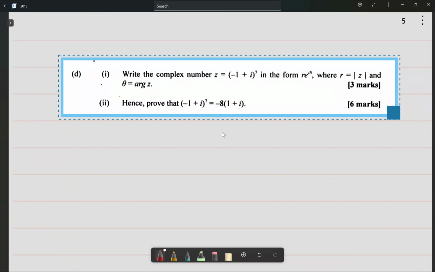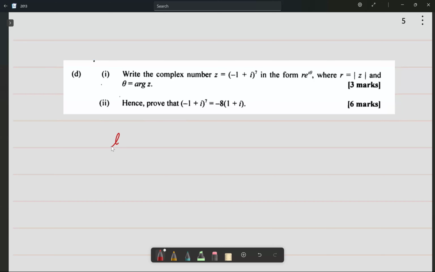Okay, so step one is let t be negative 1 plus i. So we don't need it to the power of 7. We're going to let t just be what's inside currently.